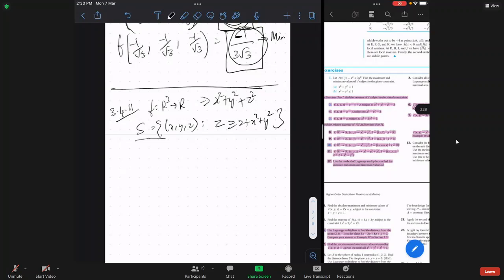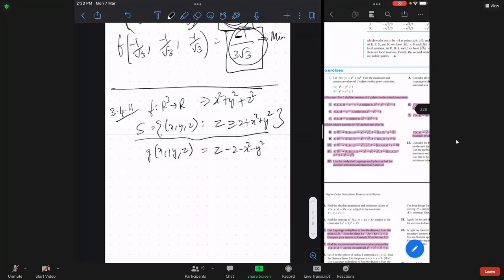Okay, so S, I can just rewrite this as my g function just to keep the terminologies in sync. So I'm going to write my g of x comma y comma z as z minus 2 minus x square minus y square. Just rewriting it.